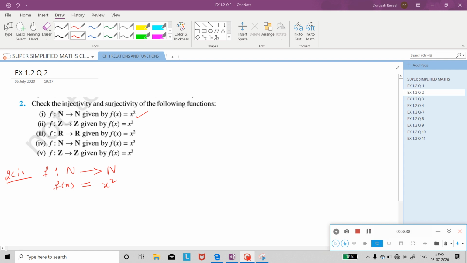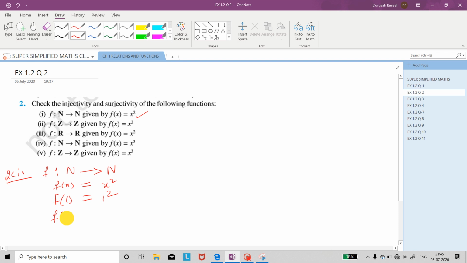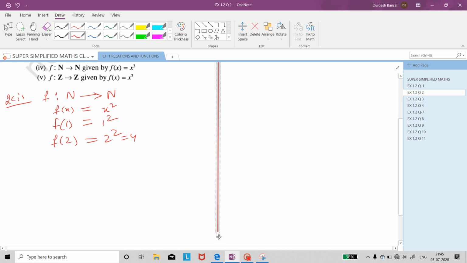So let us first see what type of function it is. Let me apply this function on a few natural numbers. If I apply f on a few natural numbers, f(1) will be 1 square, f(2) is 2 square, which is 4, and similarly for some other numbers, 3 square, that is 9, and so on.